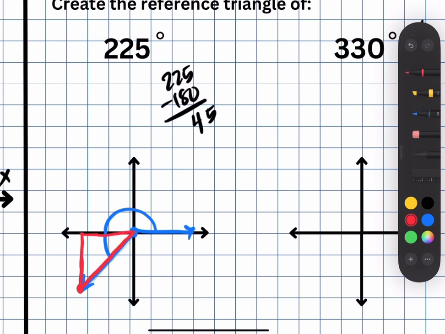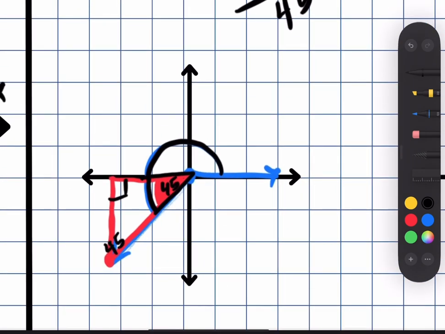And you kind of have to take different approaches to try to figure out what that internal angle is. But looking at this problem, after I graphed 180, I had to travel a total of 45 degrees afterwards. So this internal angle needs to be 45 degrees. And that means I have a 45, 45, 90. So I put in the values of my 45, 45, 90, right?